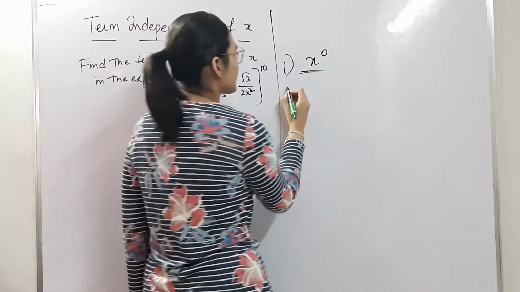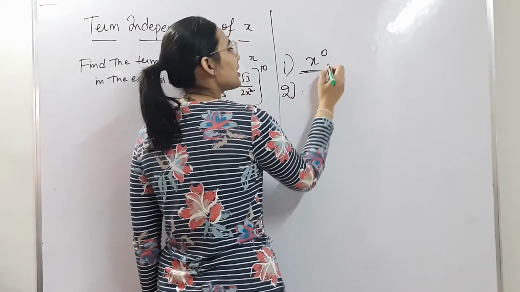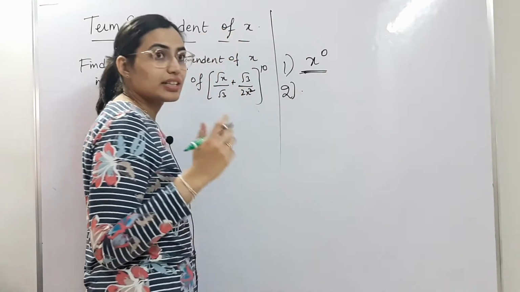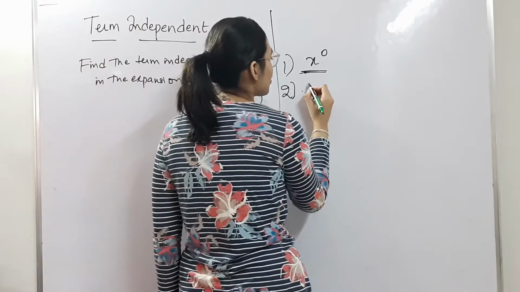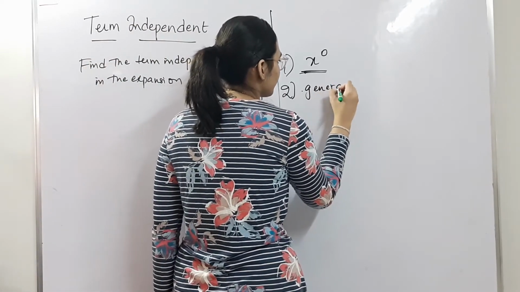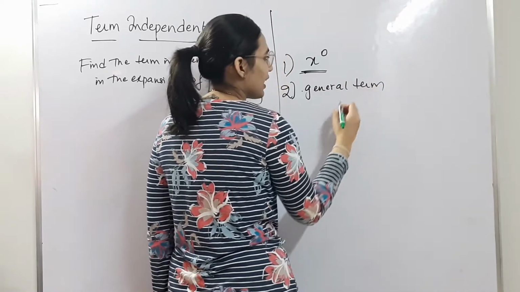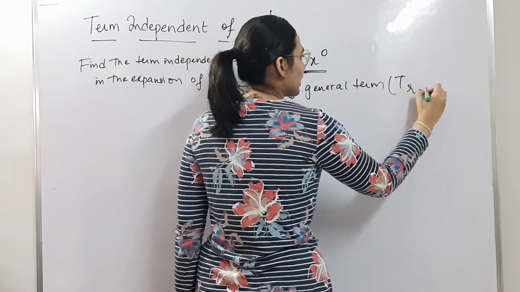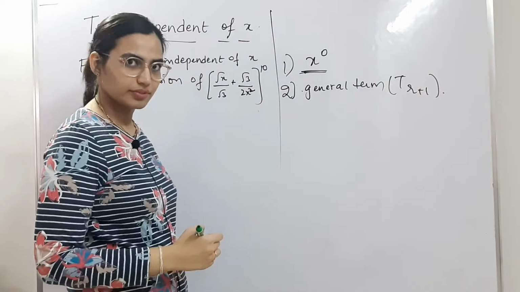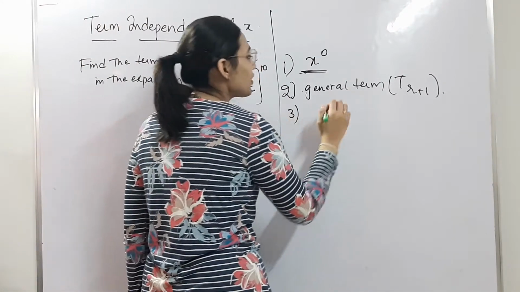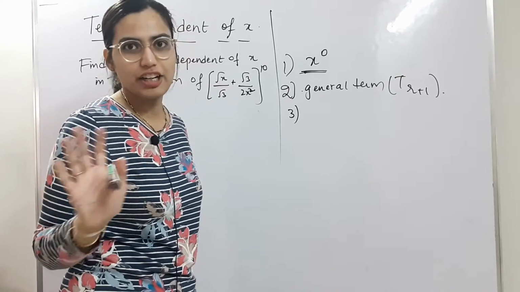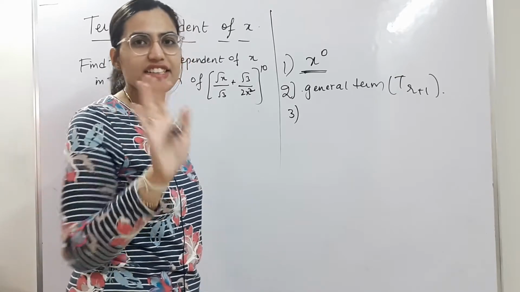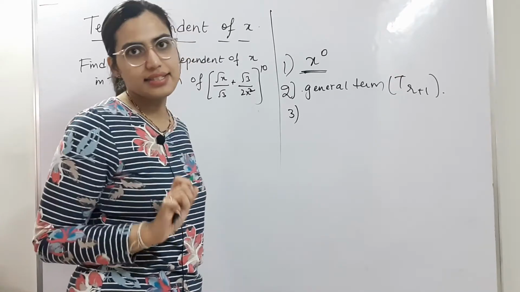The second step is to assume that this x to the power of 0 is present in the general term. Here the general term is T(r+1). Once we find the general term, we'll substitute n, we don't know r, so we'll leave r and write the general term with r as unknown.